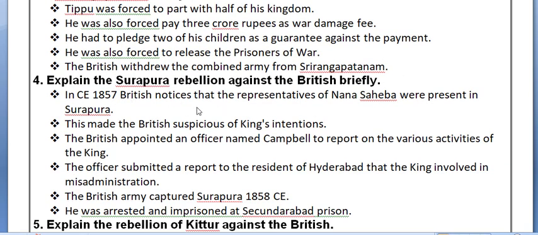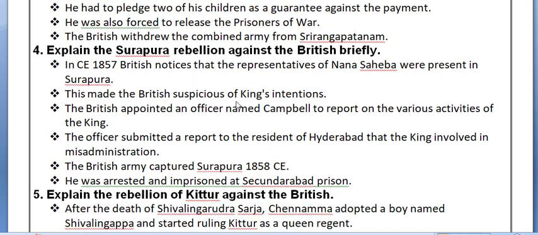The next question, explain the Surapura rebellion against the British briefly. In 1857 CE, the British noticed that the representatives of Nana Sahib were present in Surapura. This made the British suspicious of the king's intentions.